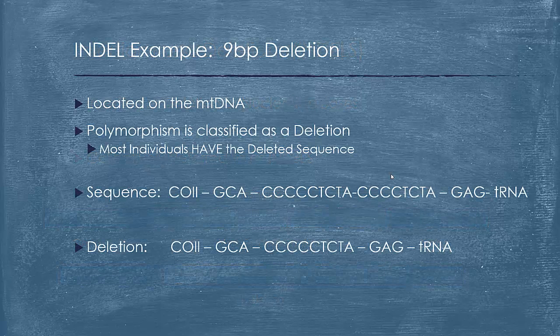Now, an example of this is a 9 base pair deletion. So this is located in the mitochondrial DNA, and the polymorphism is classified as a deletion as most individuals have the deleted sequence. So the sequence is as follows, as you can see on the screen. And if you look at the deletion sequence, it is missing one of the larger segments of nucleotides.